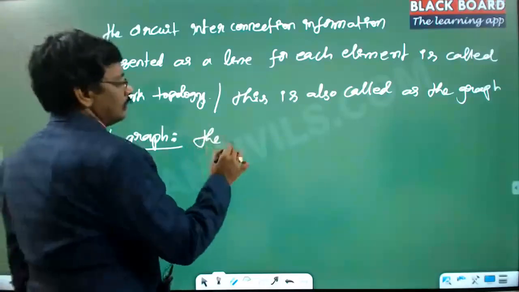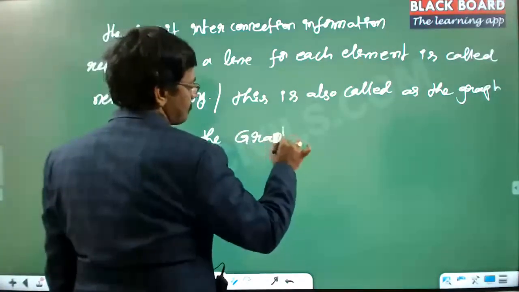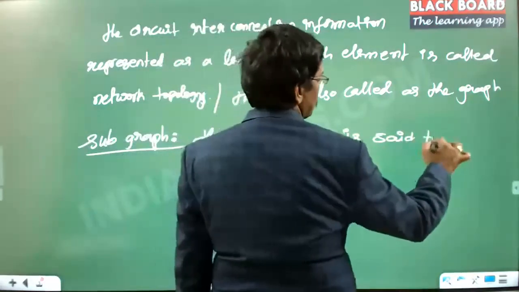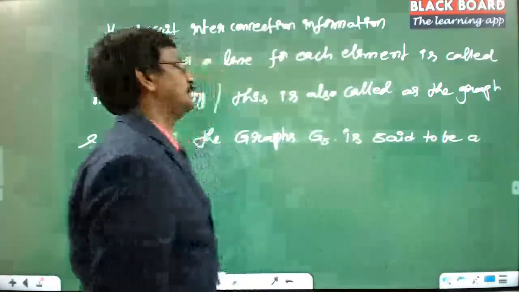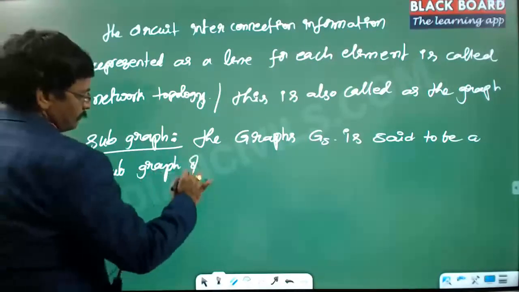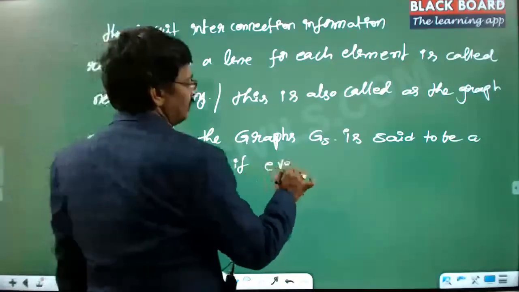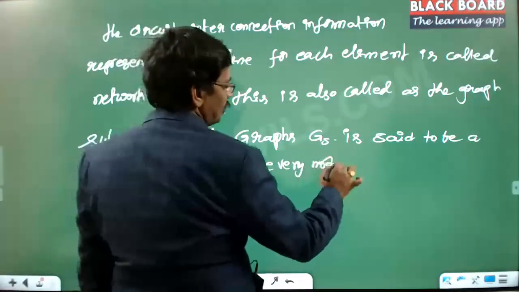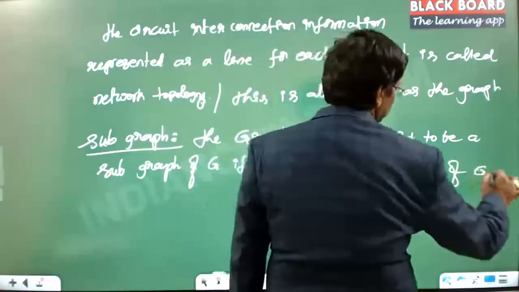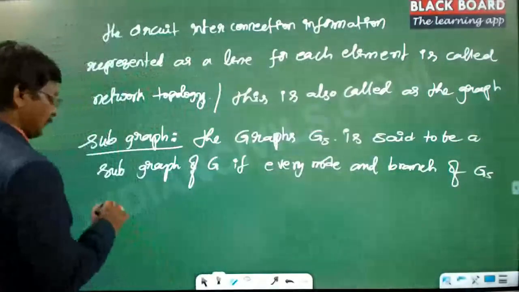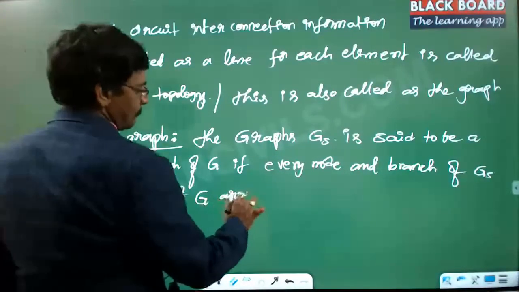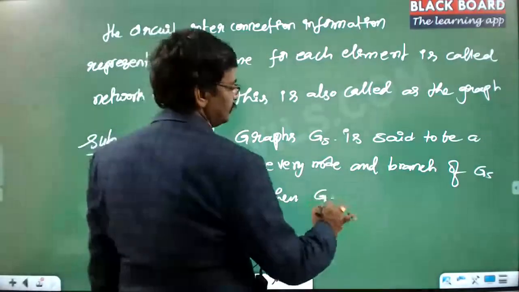The graph GS is said to be a subgraph of G if every node and branch of GS is part of G as well. Then GS is a subgraph of G.